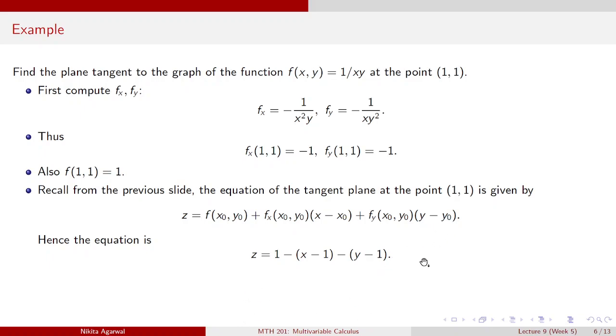So this is the equation that you get, and you can simplify it. I have not simplified it so that you see how it comes out, but it comes out to be x plus y plus z equals 3, right? Okay.